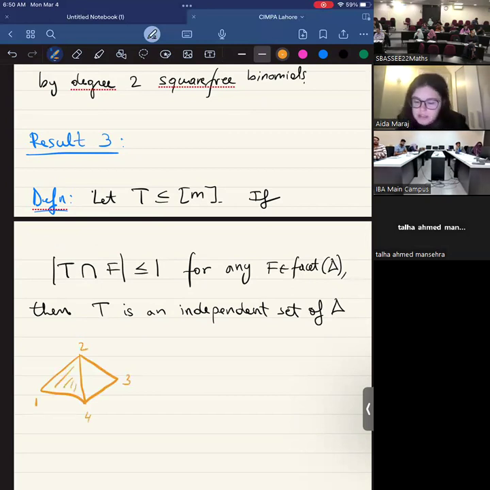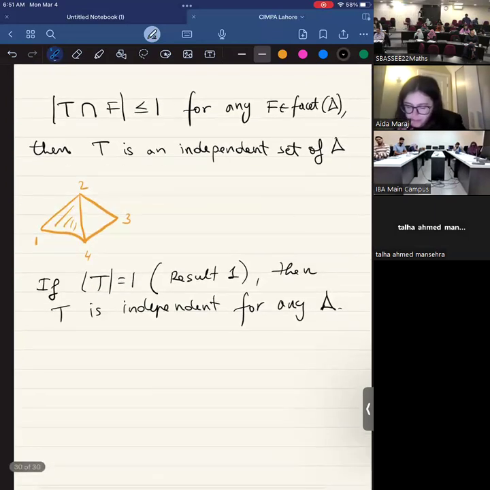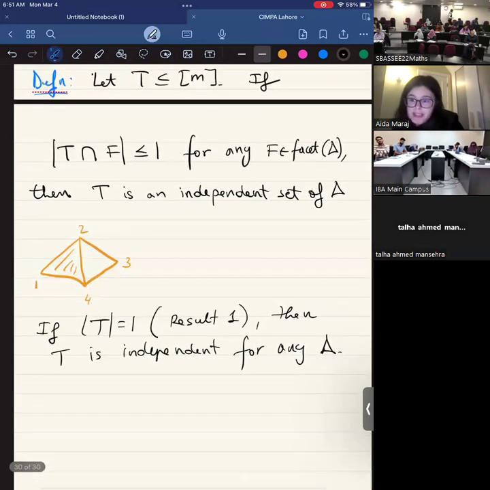It is kind of obvious that if T has just size 1, then T is independent for any delta, because the intersection with any facet will be less than or equal to 1.